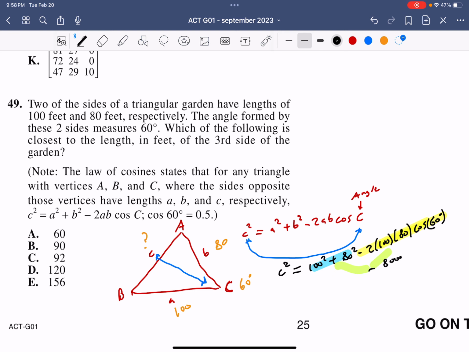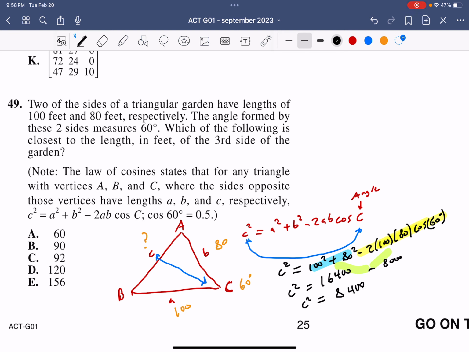And then I'm going to do the part in blue now. That is just 100 squared plus 80 squared, and that is 16,400. Now I'm going to subtract those two, minus 8,000, and that gives me 8,400.